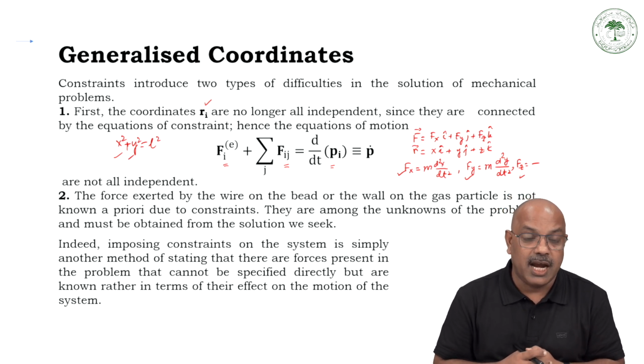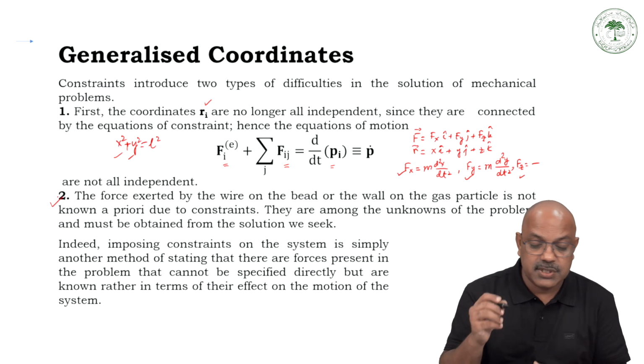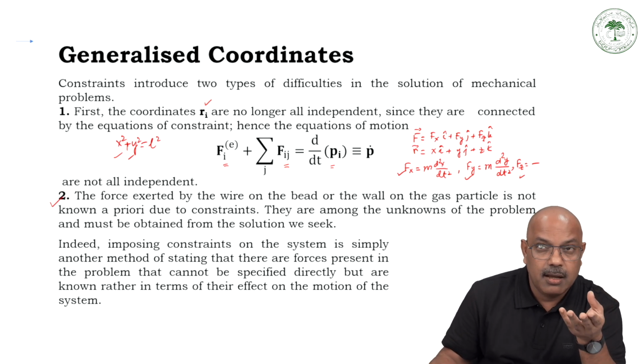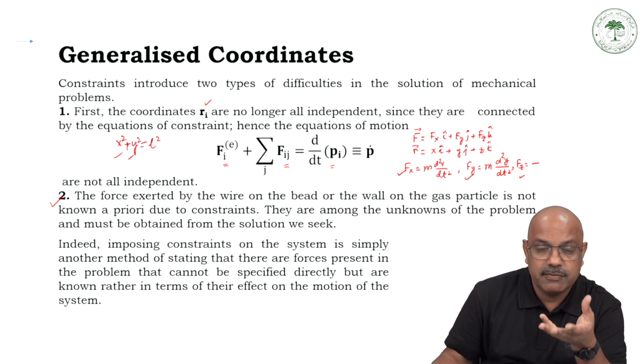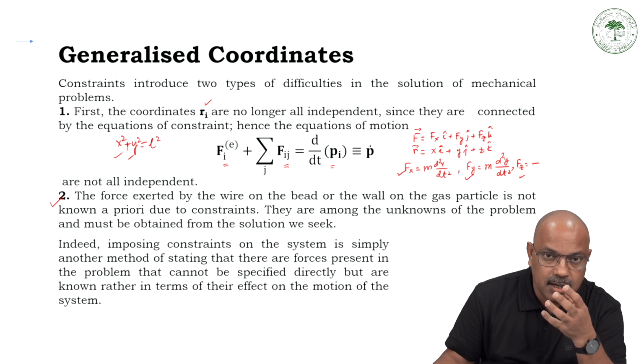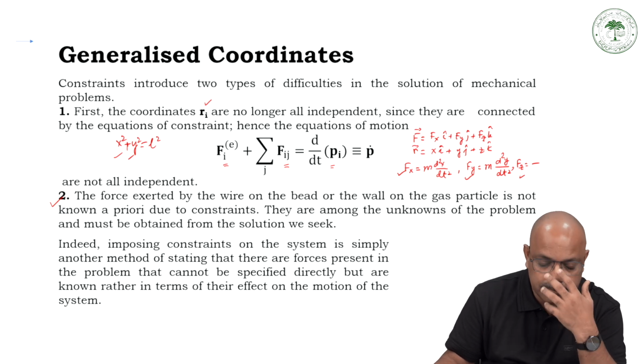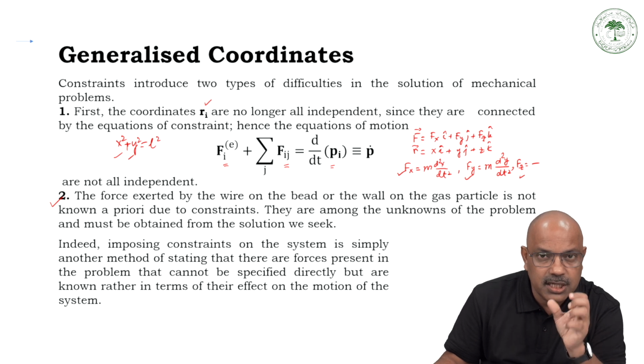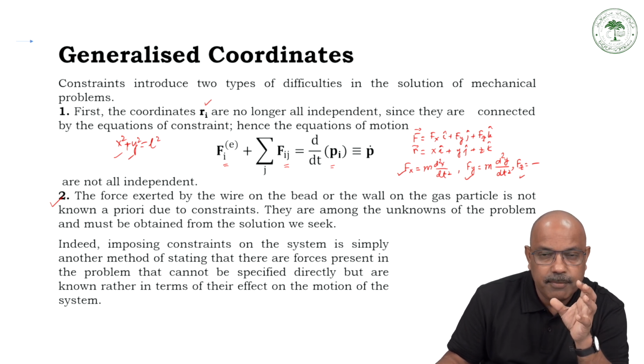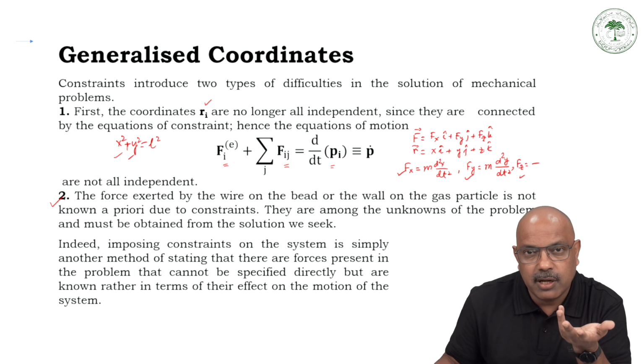The second one is about the forces. When you see the dynamics of the system, you apply a certain force to the system, and then the system starts to move and do certain dynamics. But when you constrain the system, are you able to identify what other forces are acting?